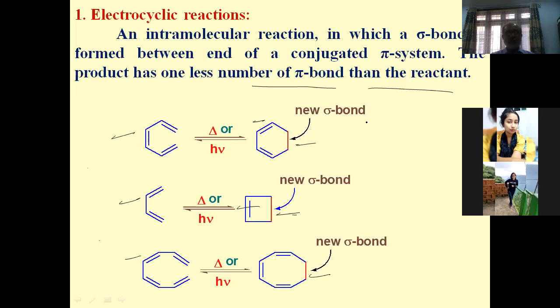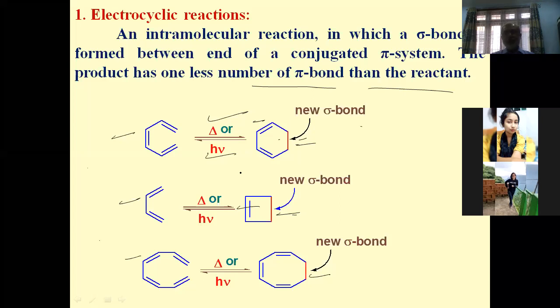And here what you see is that the reaction will take place thermally or photochemically in all of them. But when we saw the example of cycloaddition, 4 plus 2 cycloaddition takes place under thermal conditions, and 2 plus 2 cycloaddition takes place under photochemical conditions.